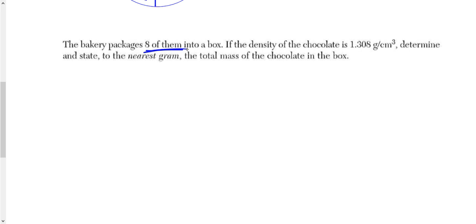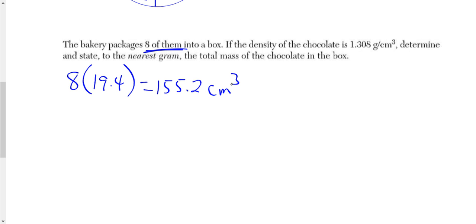What's it going to be? 8 times 19.4. 155.2. I got 155.2. Cubic centimeters.